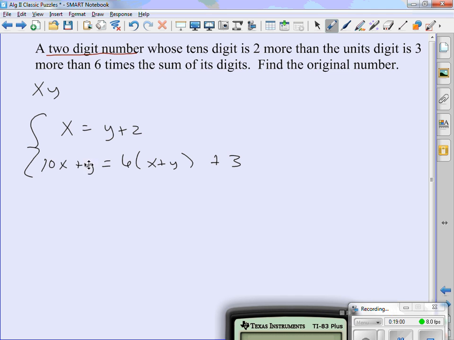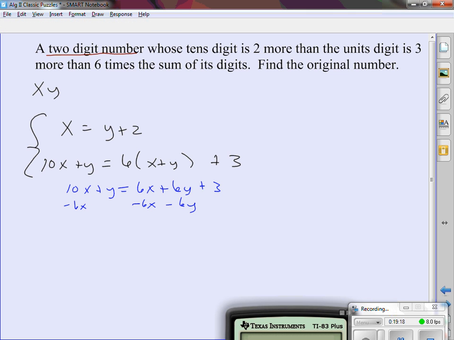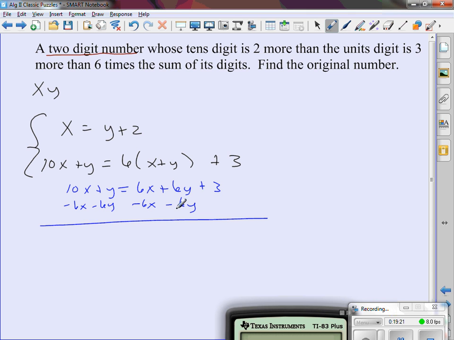All right, I'm going to rearrange this. 10x plus y is 6x plus 6y plus 3. I'm going to move these 2 over. 10x minus 6x, 4x. Y and negative 6y, negative 5y equals 3. I still have this right here. The elimination method would be faster.